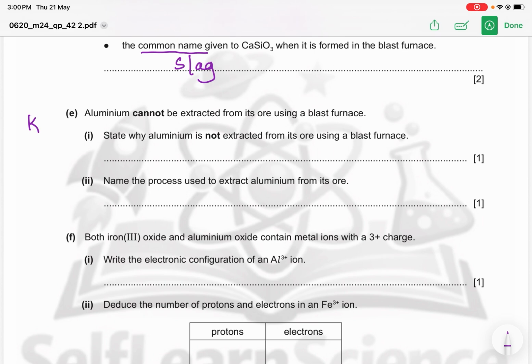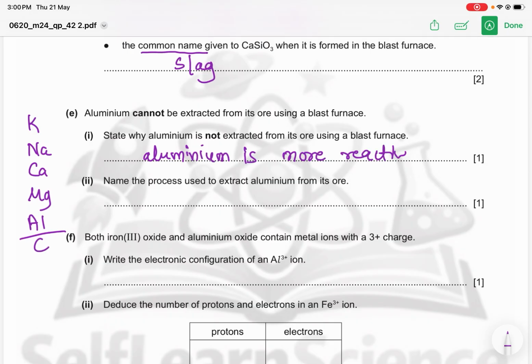So we have sodium, potassium, calcium, magnesium, aluminium, and then we have carbon. So anything which is above carbon is extracted using electrolysis. So we can write that aluminium is more reactive than carbon.